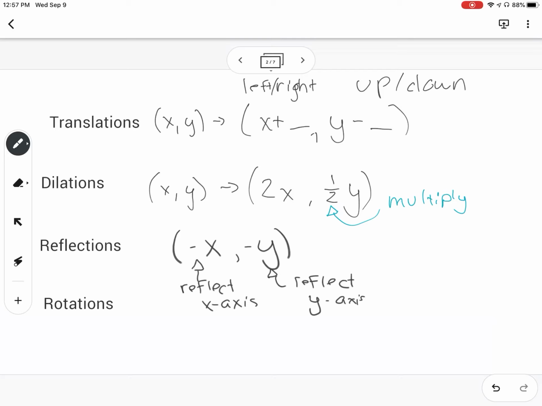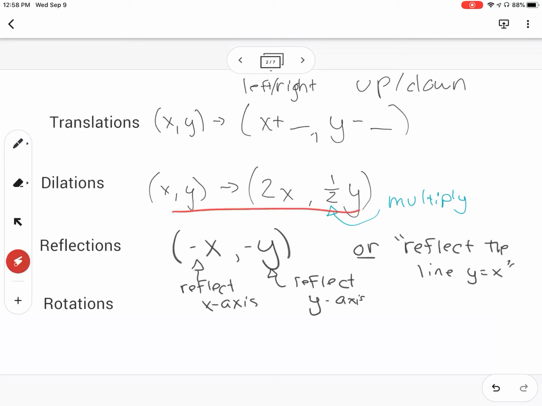Right? If it wants you to reflect the line y equals x, it will just say the phrase reflect the line y equals x. It won't put it in the little equation form, it'll just say it afterwards, right? We don't have a symbol for that or anything like that, right?